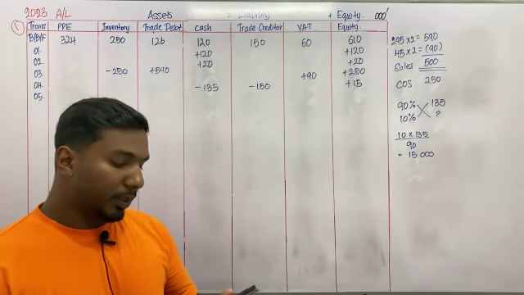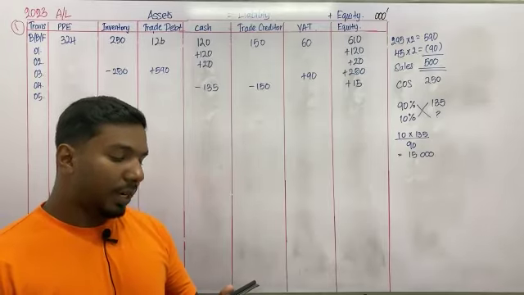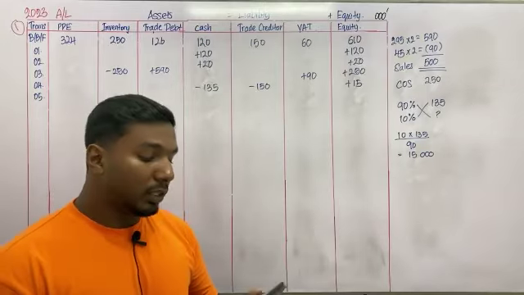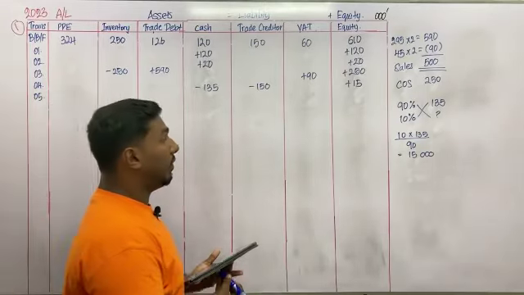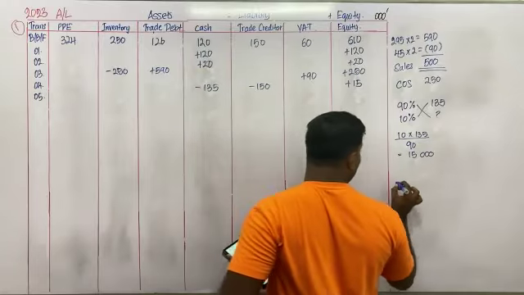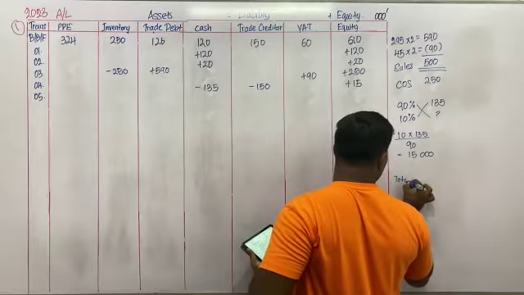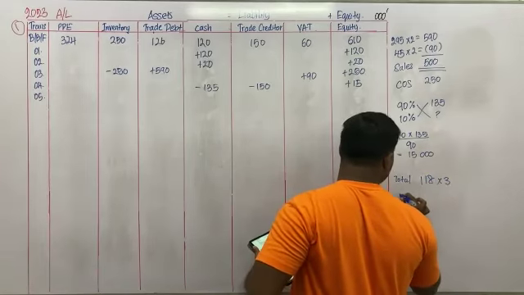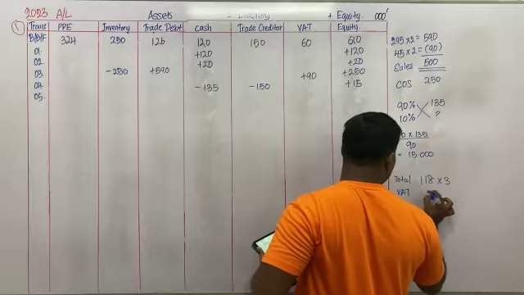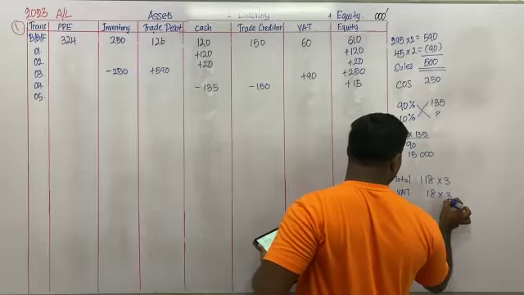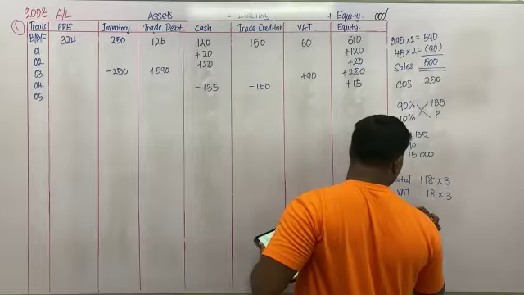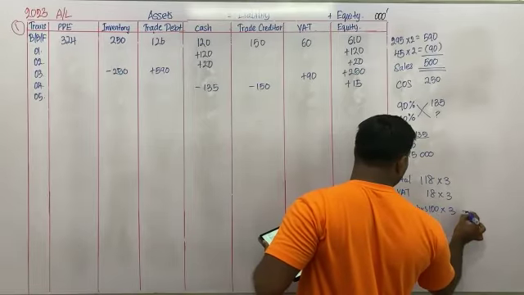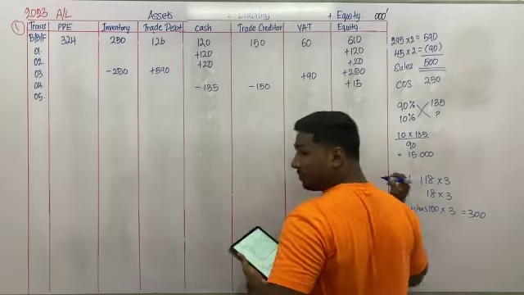Purchase 3 computers on credit, 118,000 each, inclusive of 18,000 VAT per computer, which means the total value is 118 into 3. The VAT value is 18 into 3. The purchase value is 100,000 into 3, which means 300.